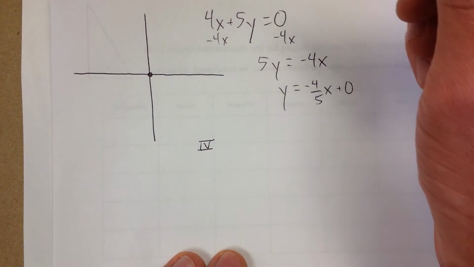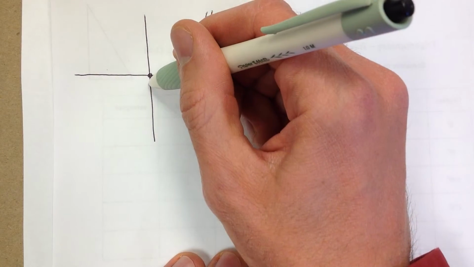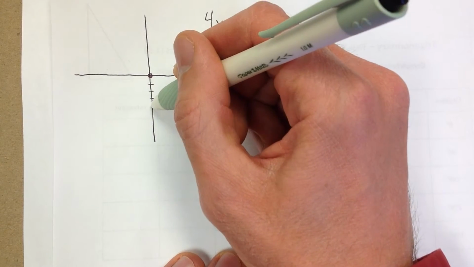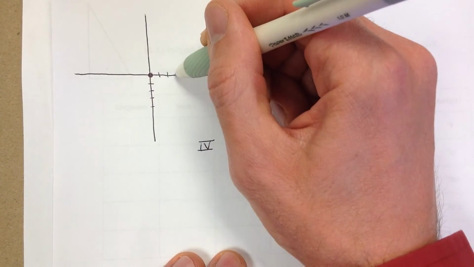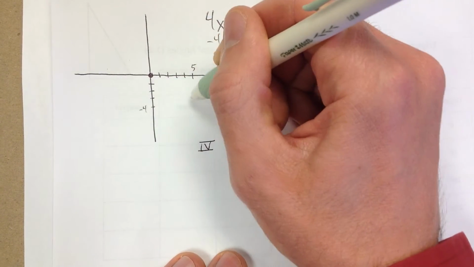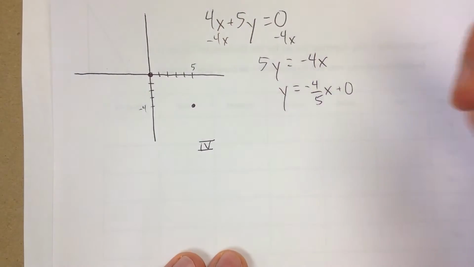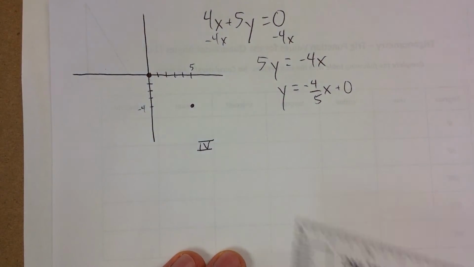Okay, so I like what she said. We're going to go down 4, because it's rise over run, and then to the right 5. 1, 2, 3, 4. 1, 2, 3, 4, 5. There's your point. That's all you need is a point on the terminal side other than 0, 0. 0, 0 will not help you.